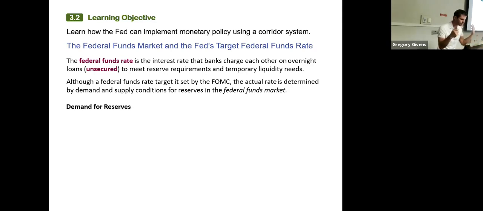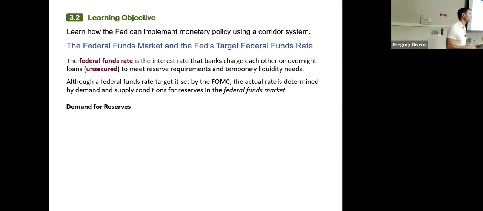Okay, so if the funds rate is determined by supply and demand conditions in the banking system, that is, for overall bank reserves, then if we really want to understand what affects the federal funds rate, what we have to do is look at the actual demand and supply for bank reserves system-wide.